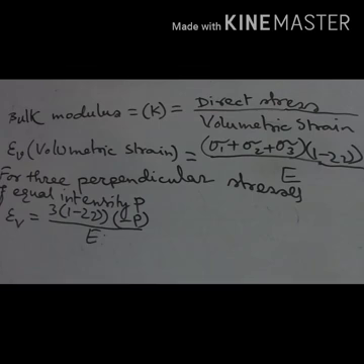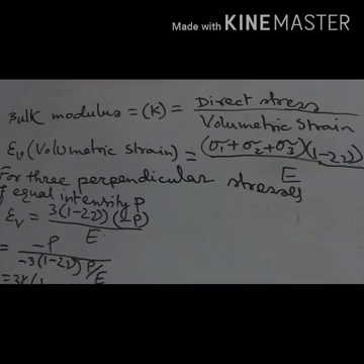Therefore, K is equal to minus P divided by epsilon V, which gives E is equal to 3K into (1 minus 2 nu).